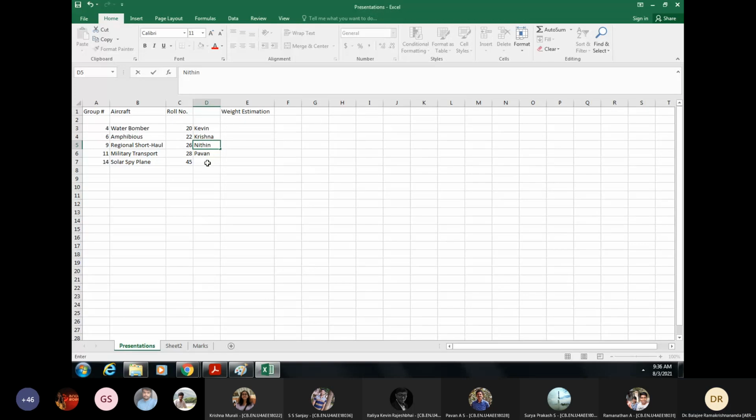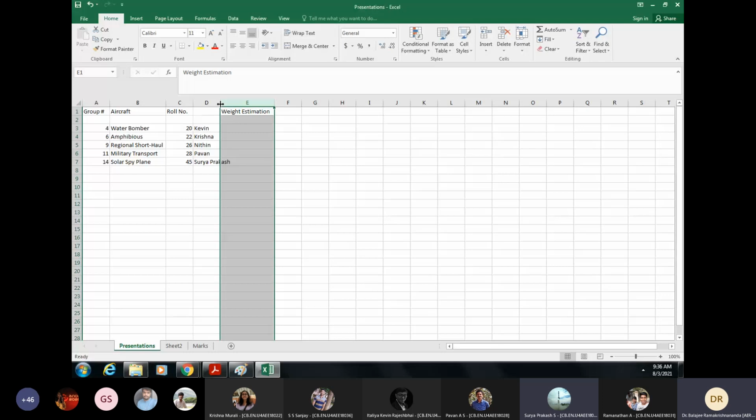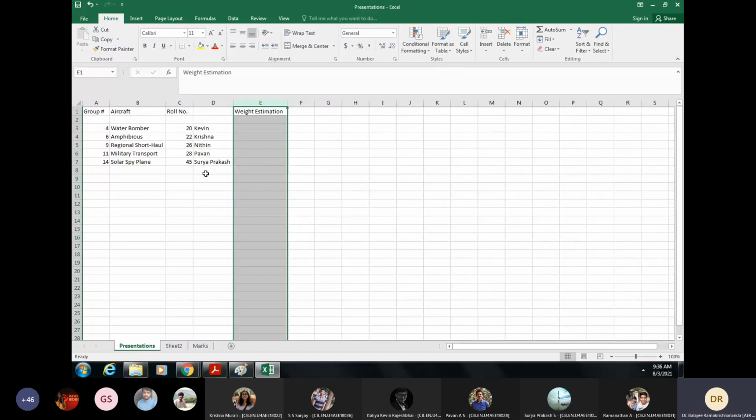Right. Then solar spy plane 45, told just now. Surya Prakash. What is Surya Prasad's roll number? 44. Oh, just nearby, neighbor. Okay, thank you. So we'll meet tomorrow. If there are doubts, you can still ask.